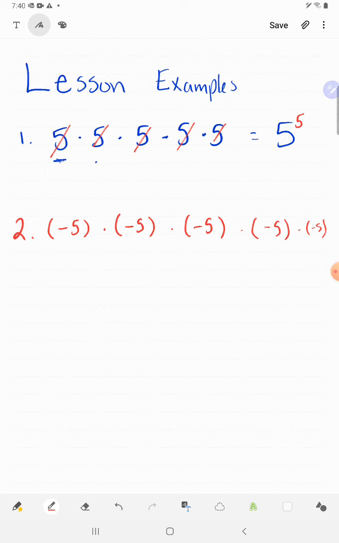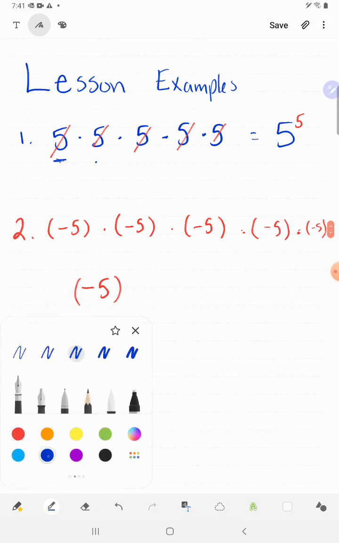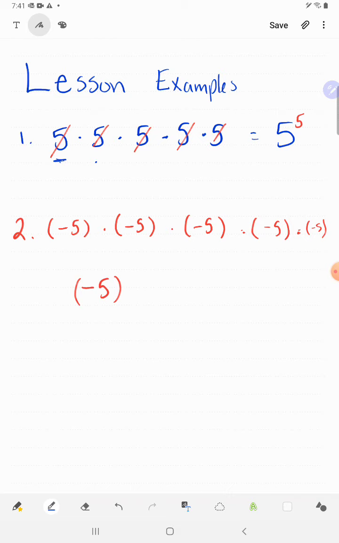I need to identify the base, and in this situation, the base is going to be -5, and then I need to figure out how many times I'm going to multiply this base. I got 1, 2, 3, 4, 5. So my answer is -5 raised to the 5th power.